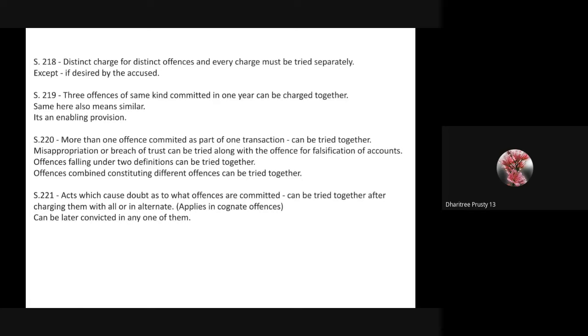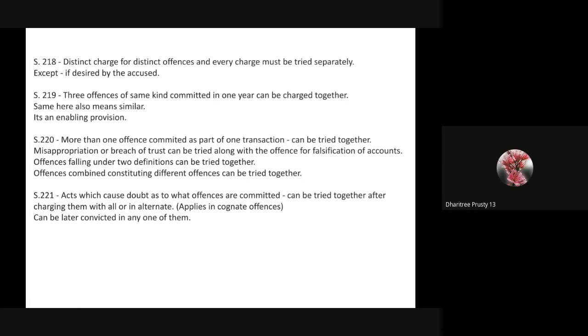And what is an enabling provision? That means even if there is a failure to follow this particular rule, the trial will not be vitiated just because it was not followed. But if it is a mandatory provision, then it has to be followed. In an enabling provision, it is just for the sake of convenience that if there are three offenses committed within the same one year, then they can be charged together.